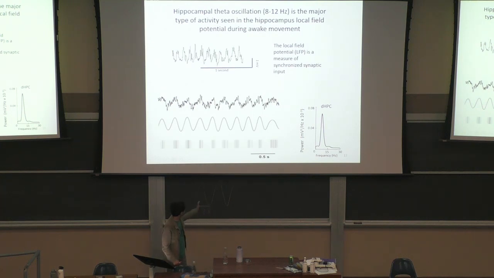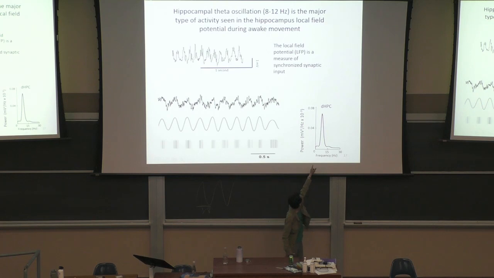The way to quantify how much of each frequency there is in an oscillation is with this graph called a power spectrum. In this oscillation, the biggest thing you see is the 8 hertz oscillation, and that's why this 8 hertz peak is the biggest thing in the power spectrum.